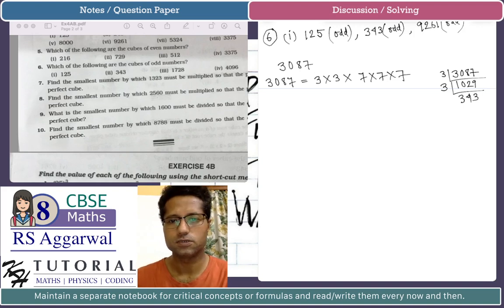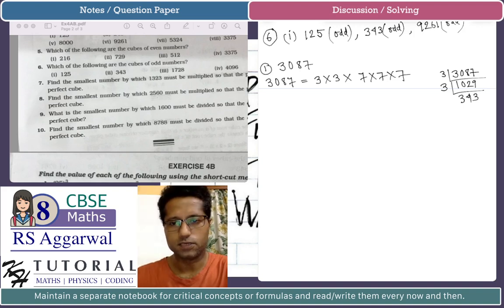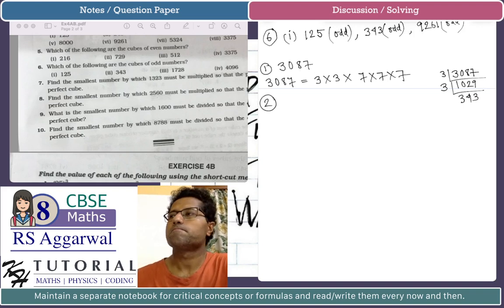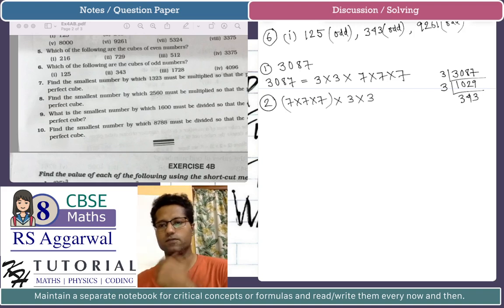The first step was to find the prime factors of the given number. The second step was to form the triplets from the prime factorization. We can see that 7 multiplied by 7 multiplied by 7 forms a triplet, and 3 multiplied by 3 is left behind. This is not part of a triplet.